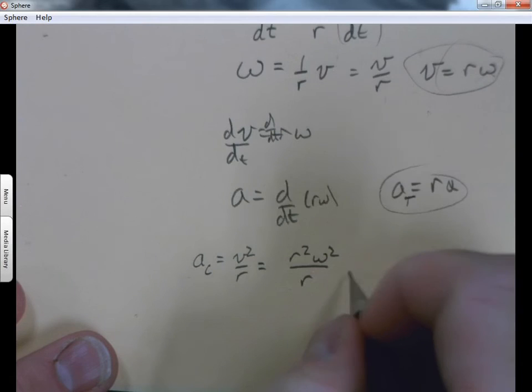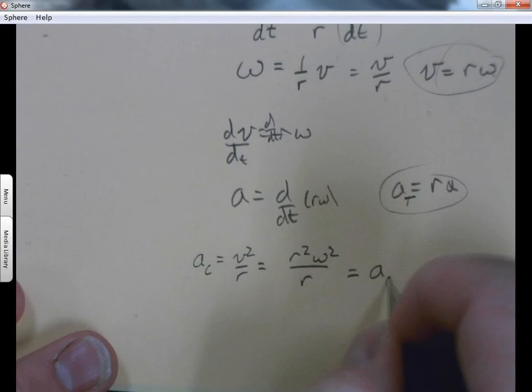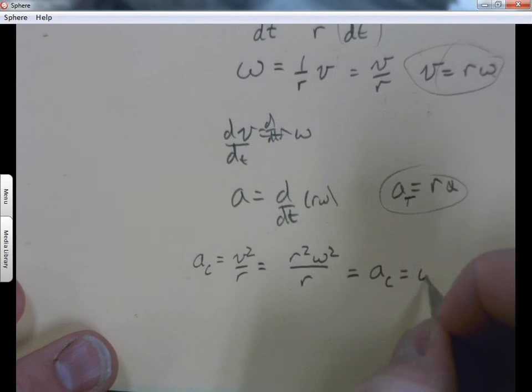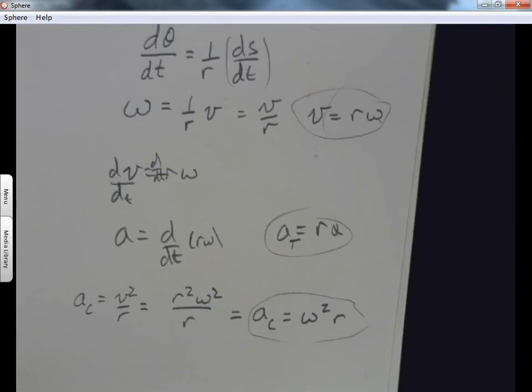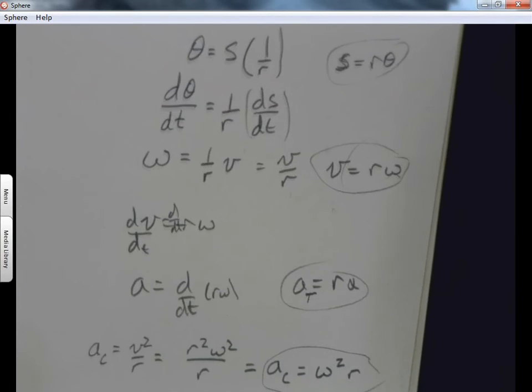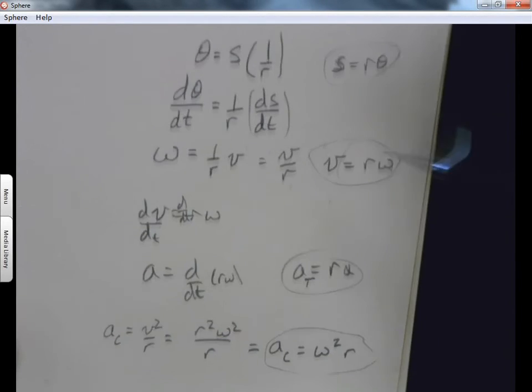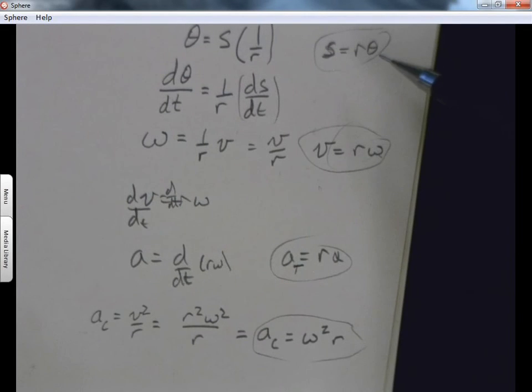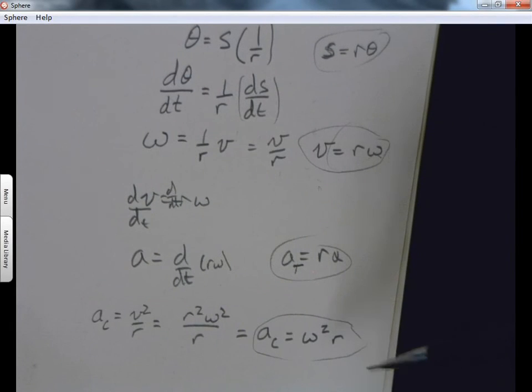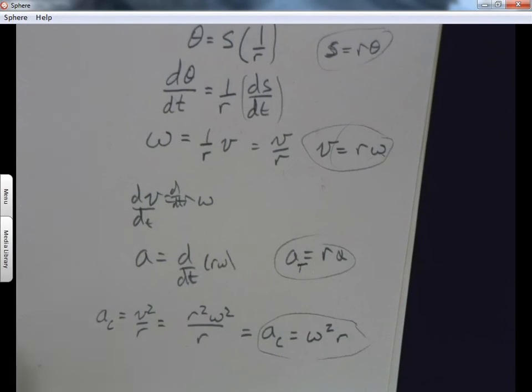Cancel the r's, and our centripetal acceleration equals omega squared r. And this is our centripetal acceleration. So these right here are our four rotational to linear conversions.